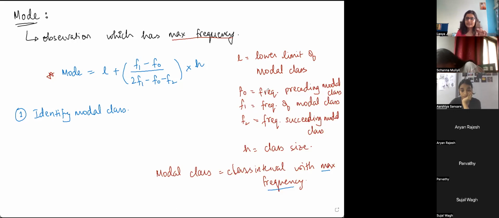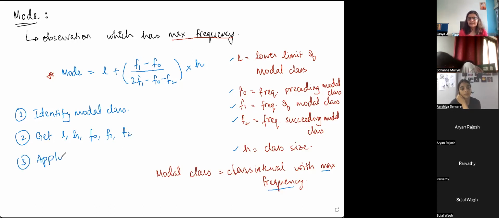Frequencies are all given in the table itself, so you can get the values of F0, F1, F2. H is the class size, that also you can directly get. Okay. So identify it, get all the variable values L, H, F0, F1, F2. And once you get these values, put them in the formula and calculate. Okay, that's all there is to it.